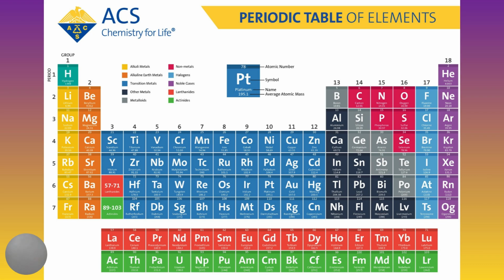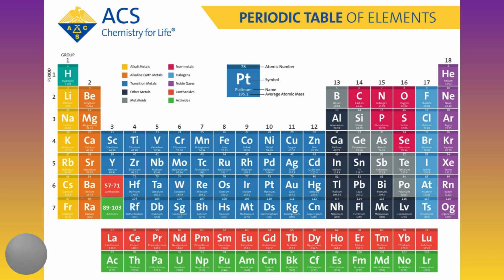Again, the numbers at the top of every box. For example, hydrogen's atomic number is 1, so it has one proton or electron. Next, helium. What is the atomic number of helium? 2.